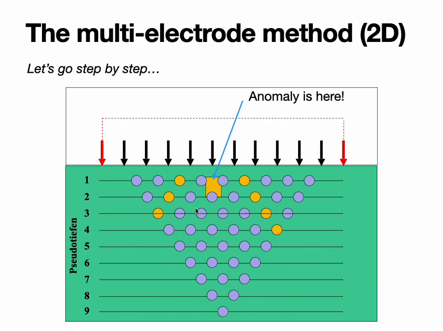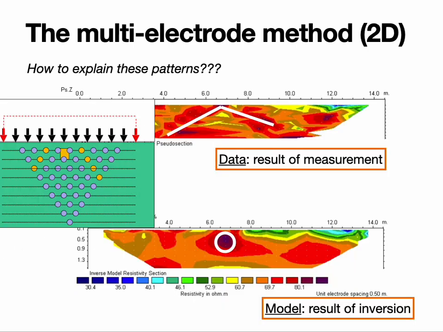So the final picture is basically two apparent resistivity layers which are dipping in opposite directions. That's exactly what was measured on the field at the archaeological site of Buraburg. This is this pattern here. So this trend should reflect only one anomaly.